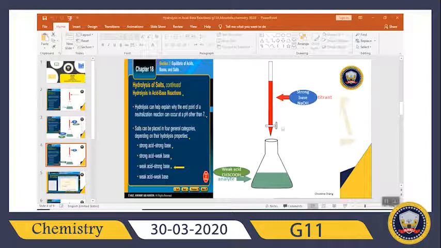The overall result of this reaction will be alkaline solution. Why? Because you have strong base, which will increase the concentration of OH in the solution. So the pH will shift to right side, above 7.